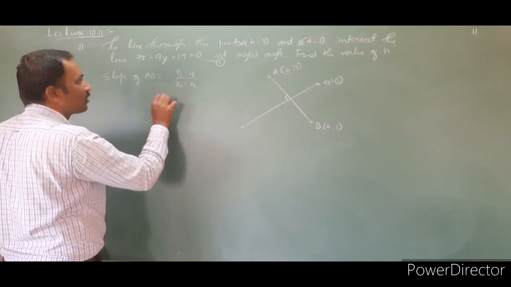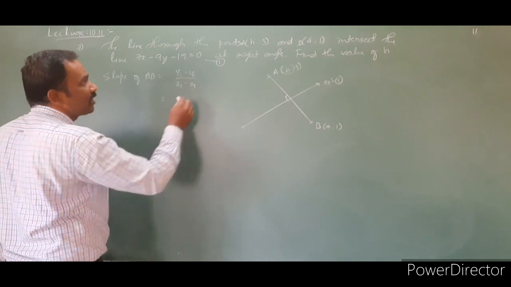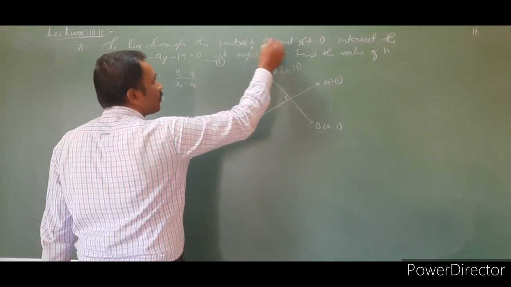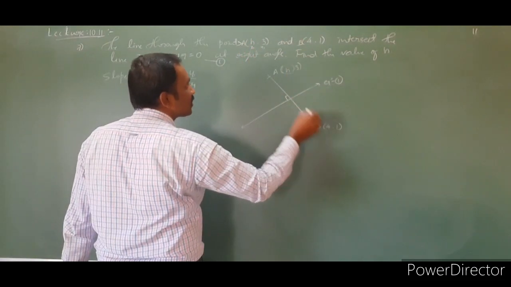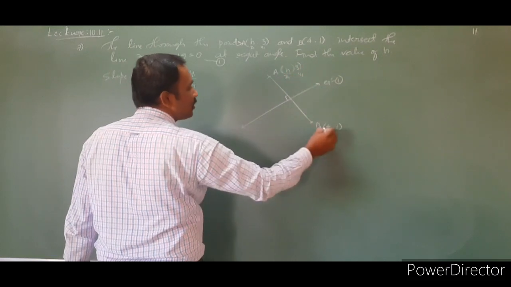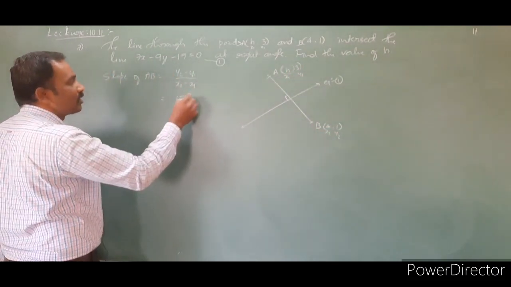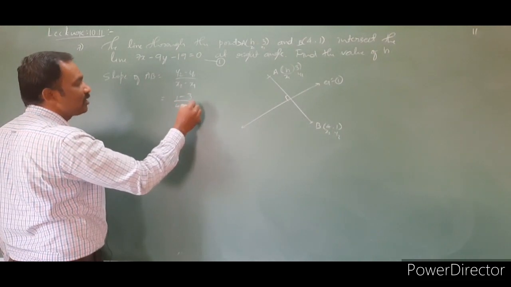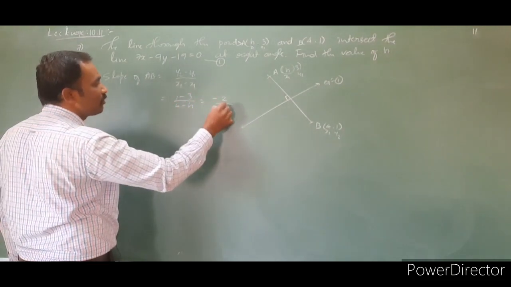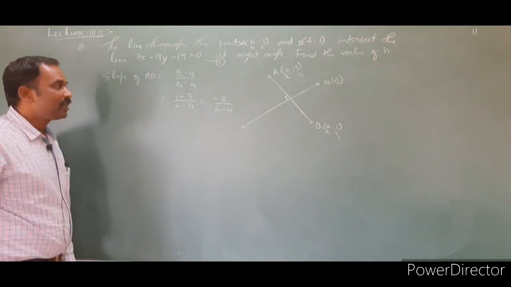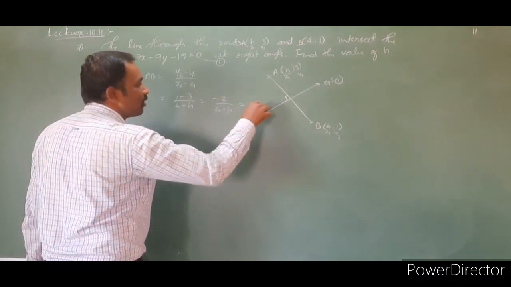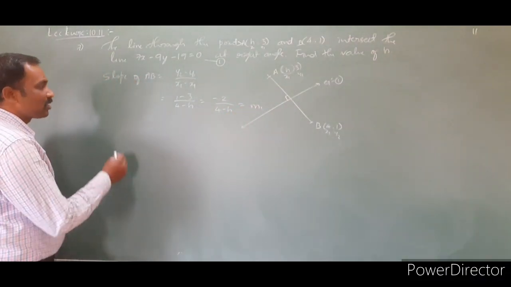This is the x1 y1, this is the x2 y2. 1 minus 3 divided by 4 minus h. This we can write minus 2 divided by 4 minus h. Call this as m1.